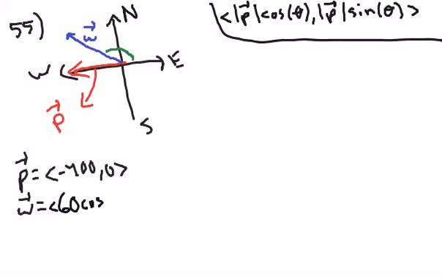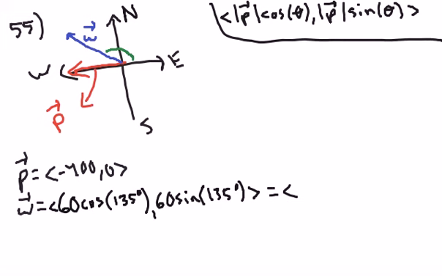So northwest is going to be 135 degrees. And then you do the same thing but sine. Okay, and just to make lives a little bit easier, let's write this as decimals. So this is negative 42.43. This is positive 42.43.